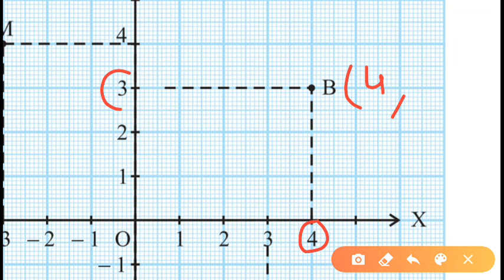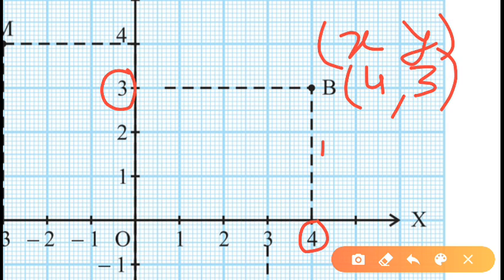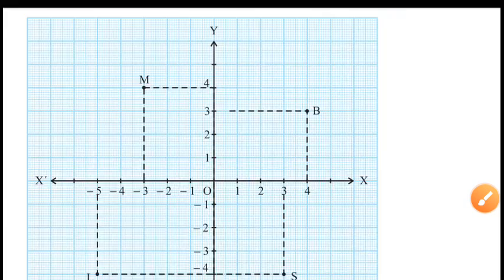And what is the value on the y-axis? 3. The perpendicular distance from the y-axis, along the x-axis, is how much over here? 4. So this 4 is your abscissa, and the perpendicular distance of point B from the x-axis, that is 3, is your ordinate. Let's see if it is written or not.